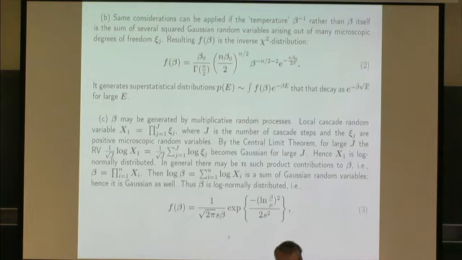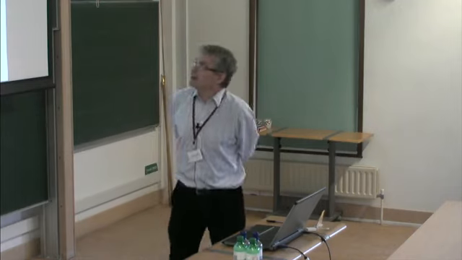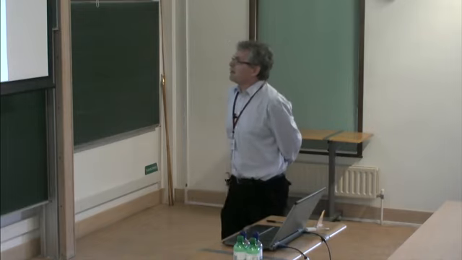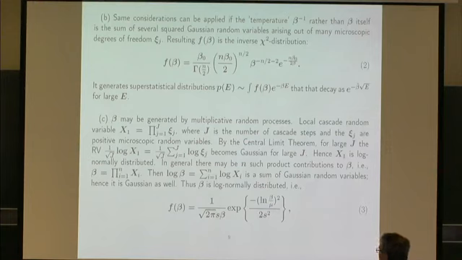By taking the logarithm of that product, the logarithm of x1 becomes a Gaussian random variable, if the xi j's are nearly independent. And if you transform back to the original beta, it simply means that beta is log normally distributed. This last class is very much in the spirit of the so-called K62 theory in turbulence, where the energy dissipation is log normally distributed.